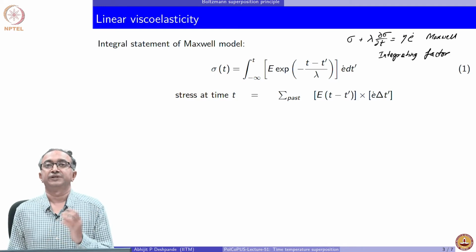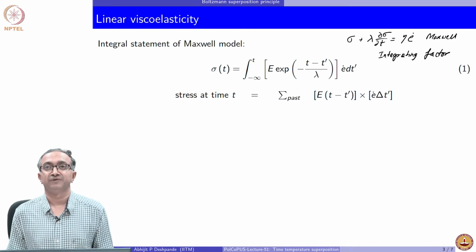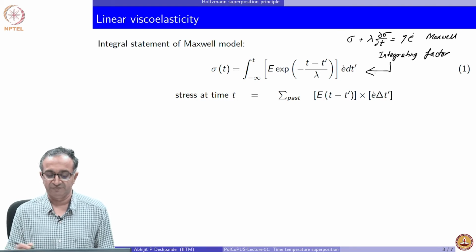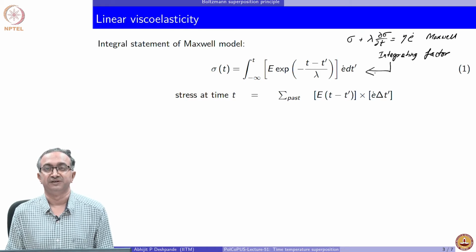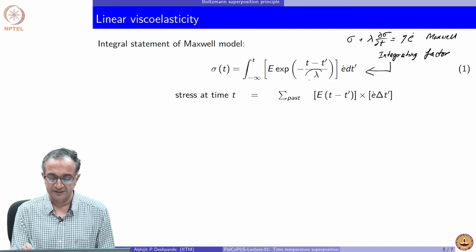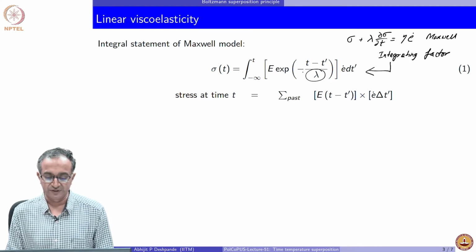So, you can search for the integrating factor approach in terms of solution of ordinary differential equation, and then using integrating factor you can show that this is the governing equation for the Maxwell model, where lambda is the relaxation time.